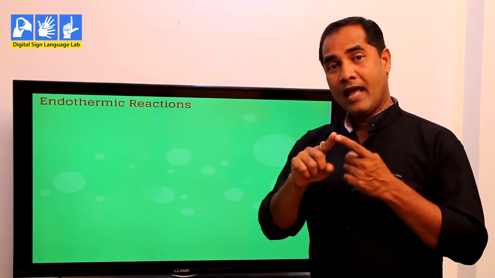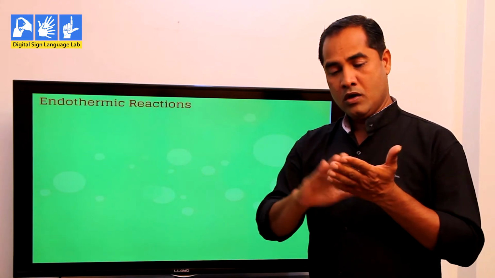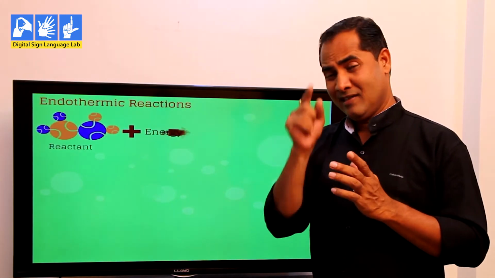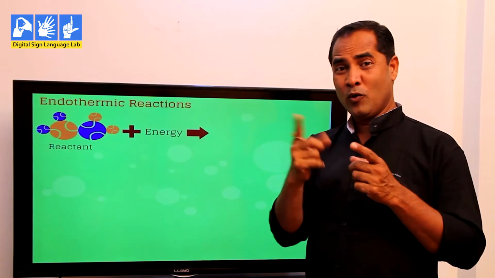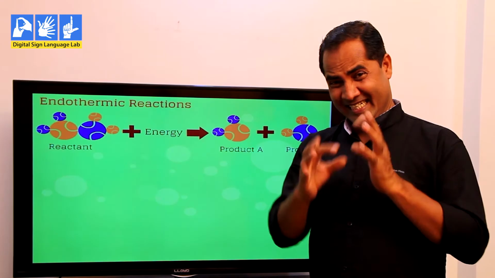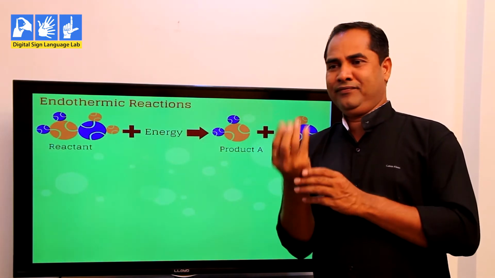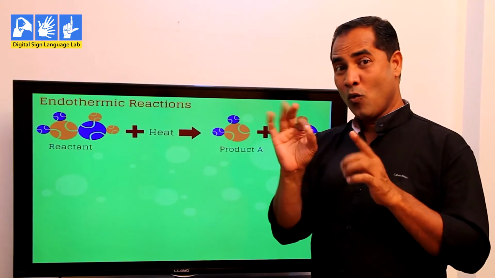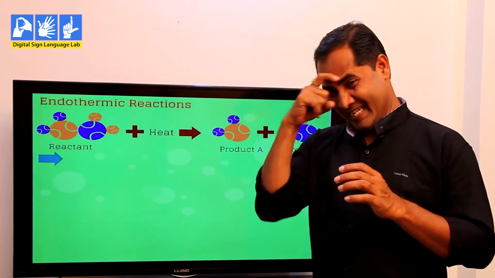Next, we would see what an endothermic reaction is. Do you remember earlier we discussed exothermic reactions where heat was released? So an endothermic reaction is just the opposite. Endo means inside.